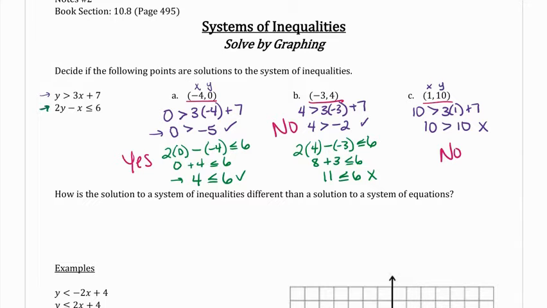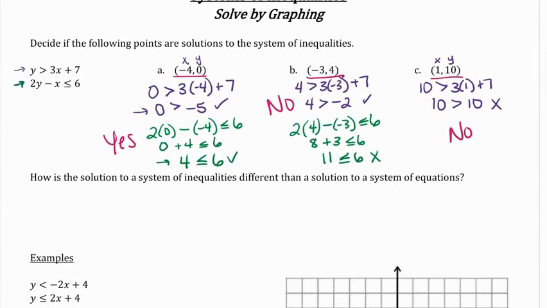Okay, so how is the solution of a system of inequalities different than a solution to a system of equations? Well, when we looked at a system of equations, remember we were looking at where two lines cross, and that point in the middle is the one solution to our system of equations, right? Well, when we graph an inequality, we graph our two lines, but now it's not just going to be that point where they intersect.